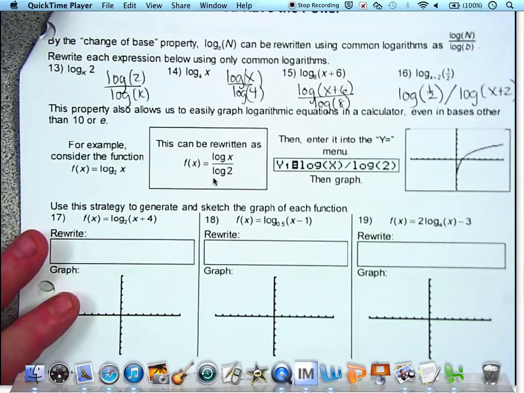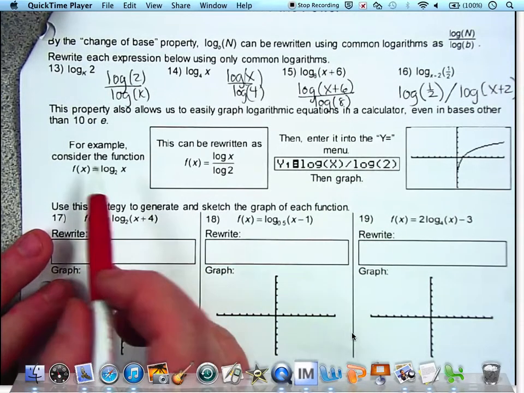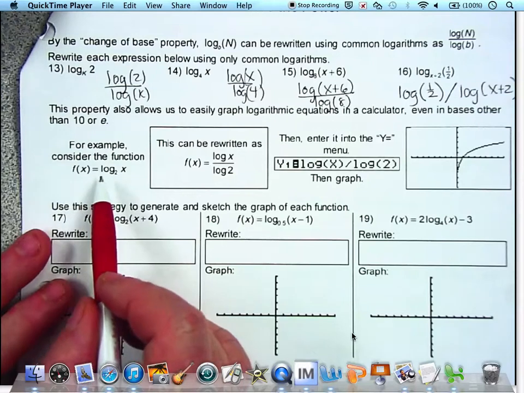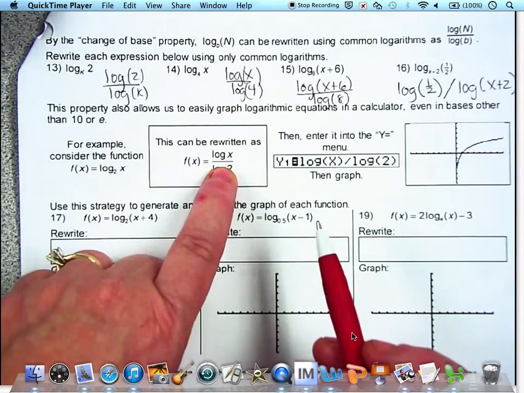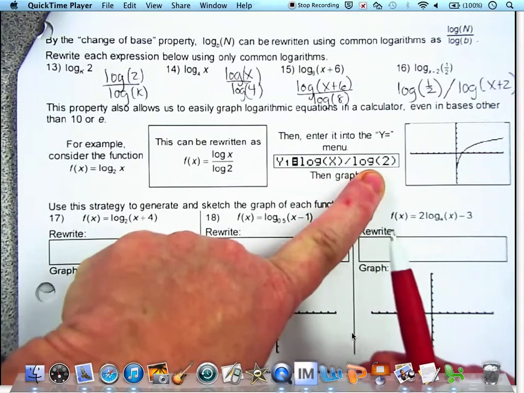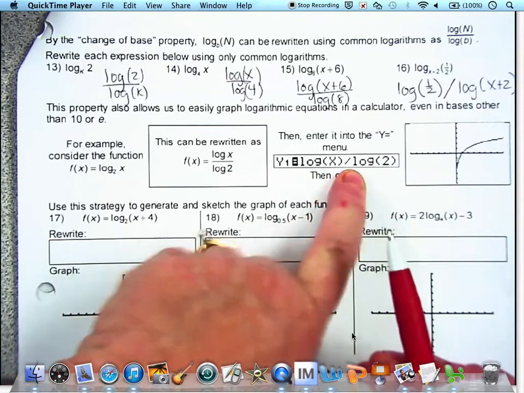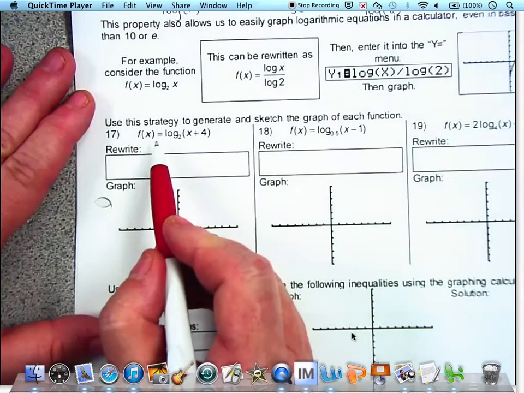So here, if we want to graph, for example, consider the function f of x equals log base 2 of x. And they rewrote it as log of x over the log of 2. And then they put it in y1. Okay, let's try 17. How would you rewrite this?